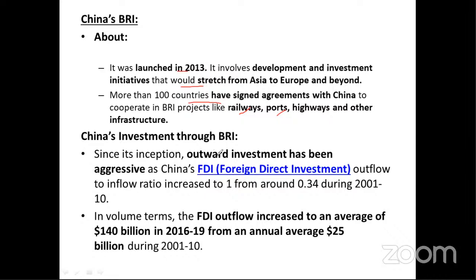Now, since its inception, outward investment has been aggressive. China's FDI means foreign direct investment. FDI is different from FII, which is foreign institutional investment. FDI is actually the setup of industries. It will bring employment generation in a particular country. If country A sets up an industry in country B, it will be for a long period.